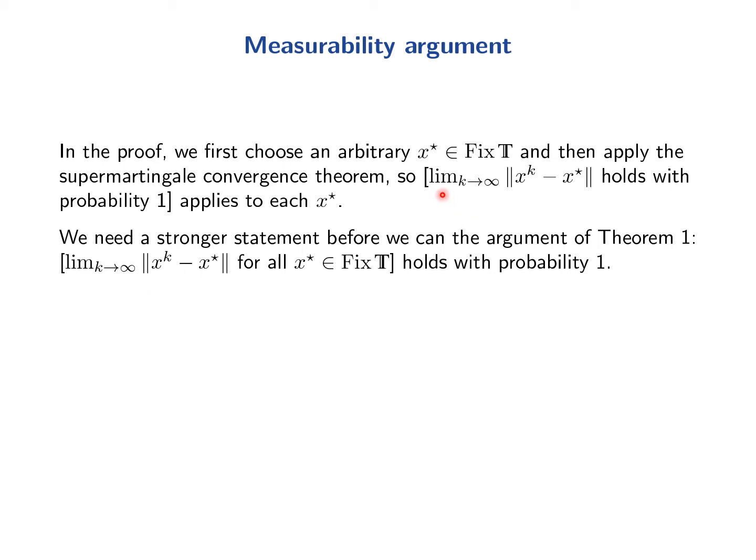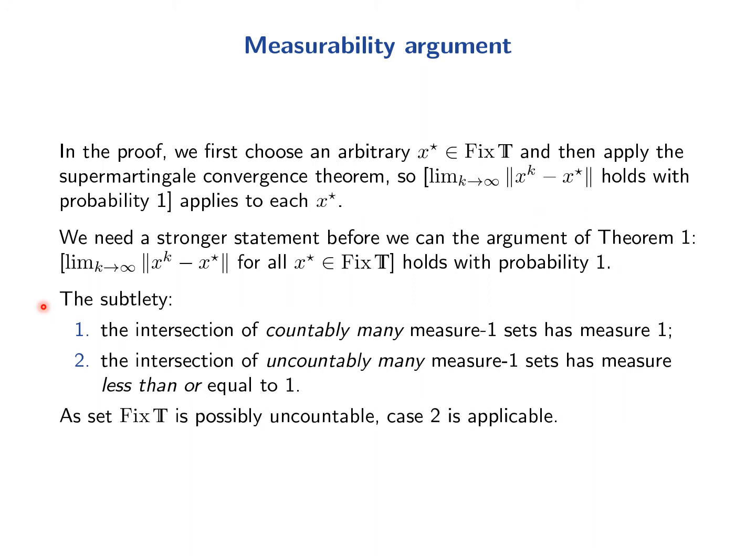So recall we have one subset for every x star. So we have many subsets for many x stars. And here we're looking at the intersection of those subsets, and we need the intersection to still have size 1.